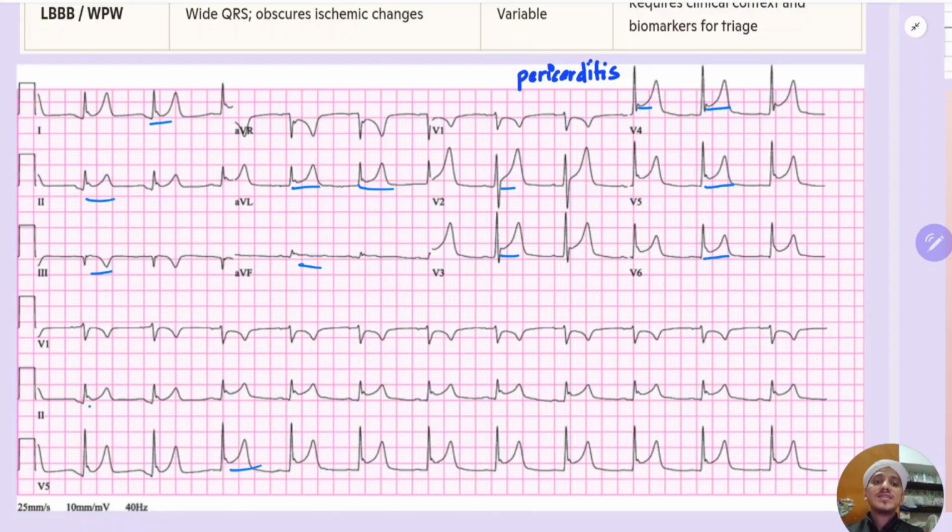So that means it is acute pericarditis, and it is concave. If you draw like this, these are the two eyes, and this is a smile. So this is a smile, it is benign. It is due to pericarditis. And on auscultation, you will hear a pericardial rub in these patients. So that is the feature of pericarditis. So this is the ECG of pericarditis. There is ST segment elevation, but it is concave. So this is one possibility.